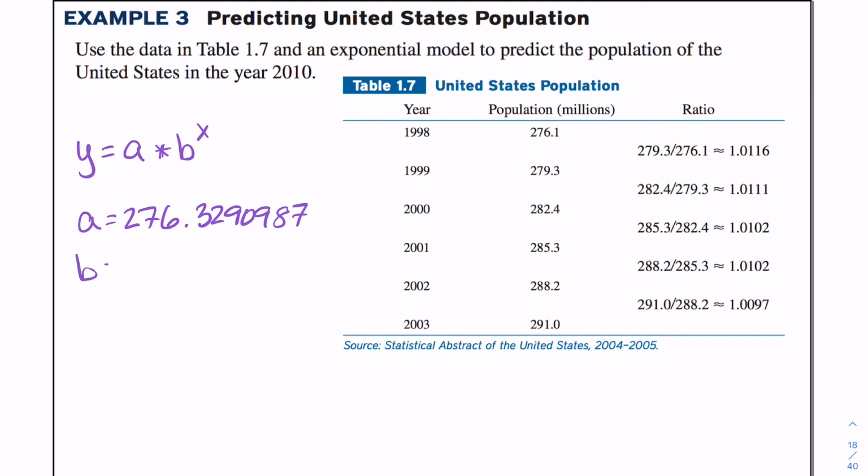And it says b equals 1.010544408. Now, I'm not going to really want to use this at all, but it's saying that we could put in 276. We can actually type this into the equation.